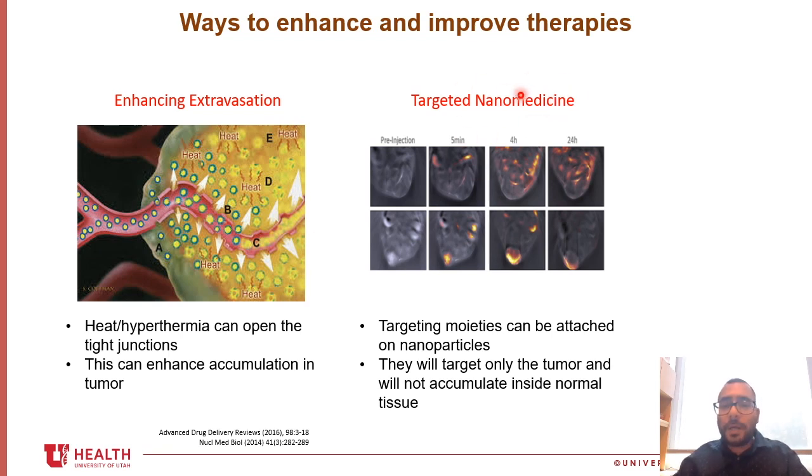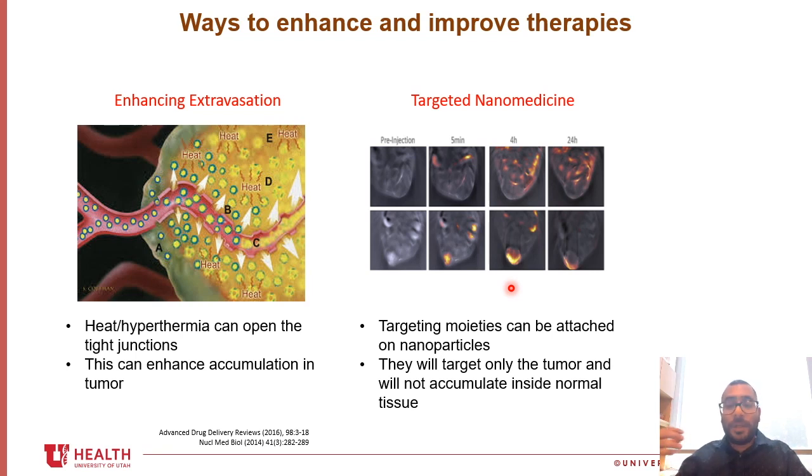Or we can use targeted nanomedicine. As we saw earlier in that particular animal, the free dye was going all over the body. What if this particular part of the body has a particular gene that represents this organ or this part? If we attach a targeting moiety on the nanoparticle, we can have all the drug accumulated at that particular region, because you must have learned about ligand receptor interactions, right?